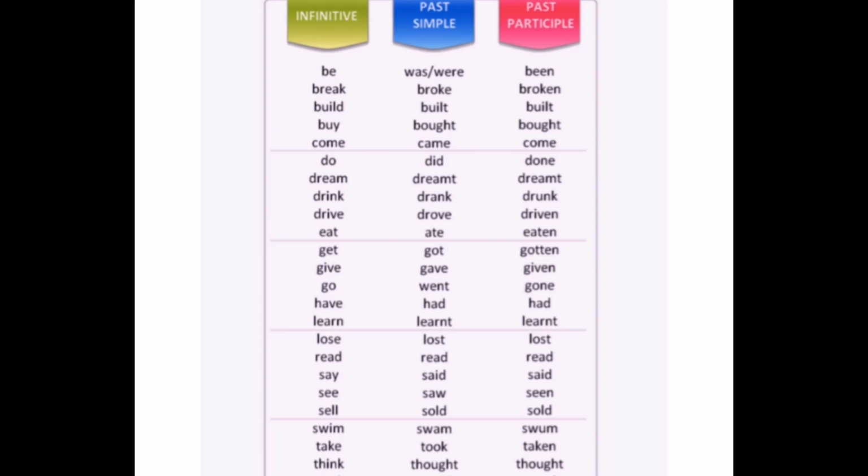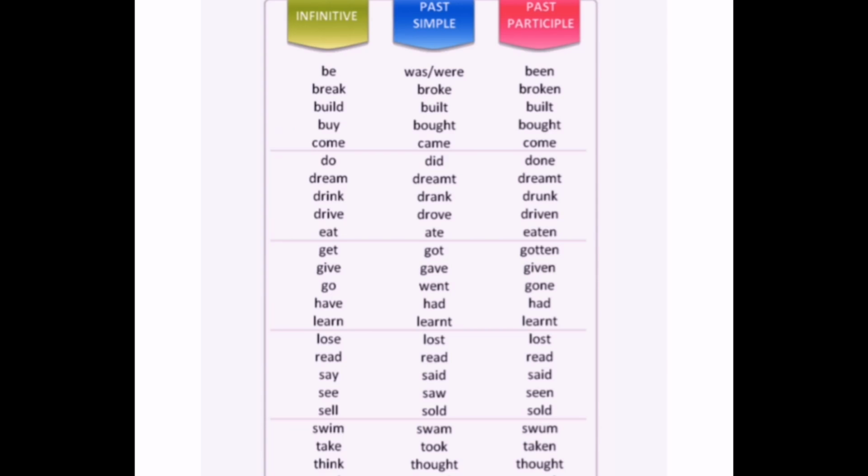And here is a list for you of irregular verbs. We have infinitive, past simple and past participle. In verb be, as we have seen, we say was, were, and been in the past participle. Break, broke, broken.